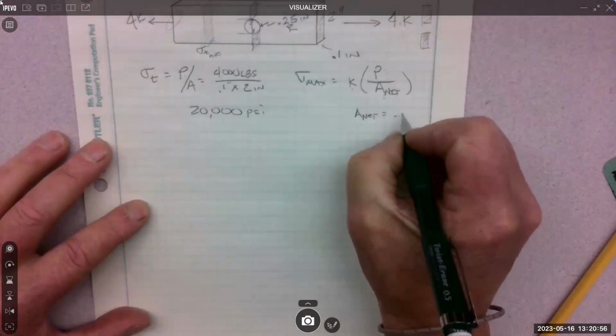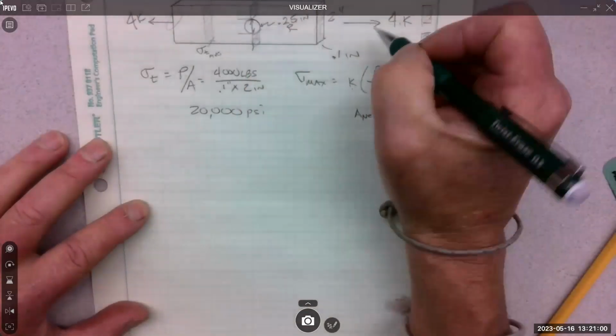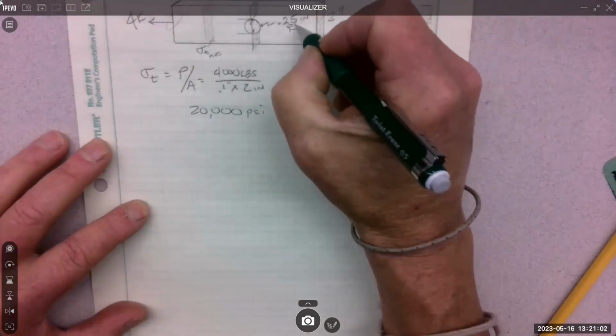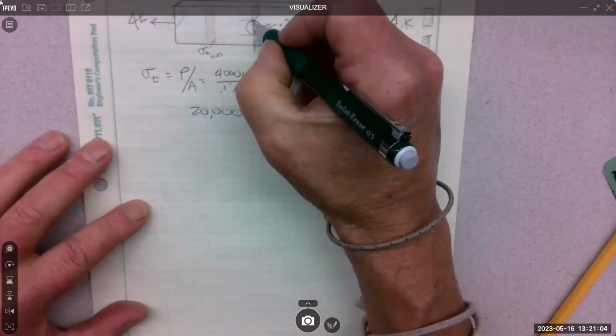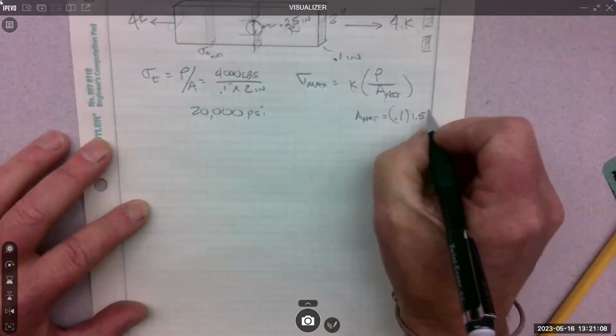So area net, A net, equals 0.1, it's still 0.1 thick, but now it's not the full 2, it's 2 minus, oh, that's a radius. So it's 2 minus a half, so it's 1.5 inches.